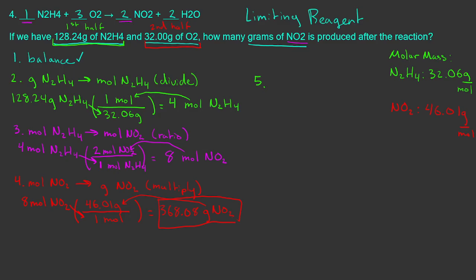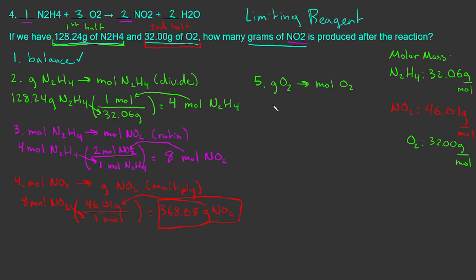I like to use the same color for step 5 as for step 2 because it's the exact same process. We're going from grams of our compound, which will be O2 instead, to moles of O2. That is our first step. And so we need to know the molar mass of O2. I'll write that over here. O2 is equal to 32.00 grams per mole.